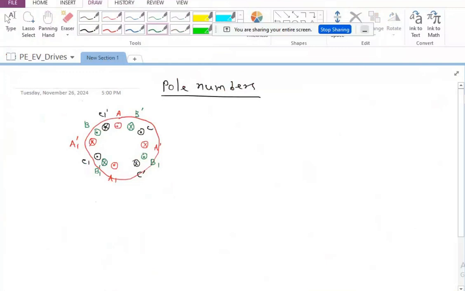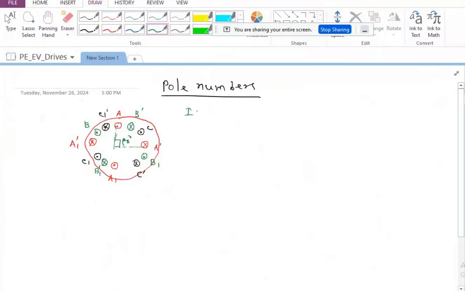So you can very clearly see that what is considered as 90 degrees as far as the mechanical rotation is concerned, that is corresponding to complete current reversal, which corresponds to actually 180 degrees as far as electrically concerned.